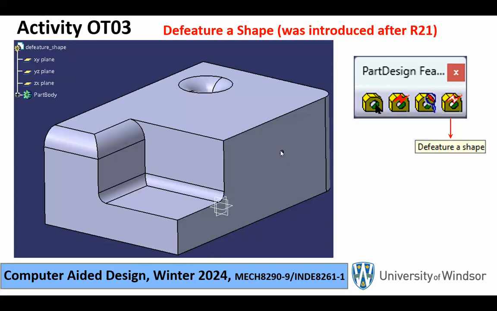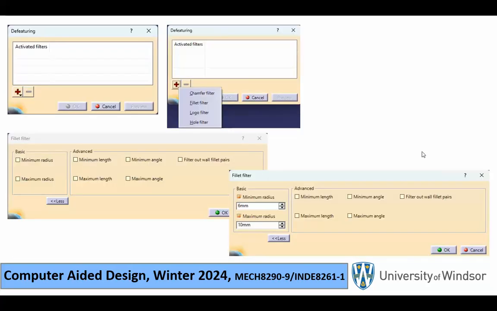Once you click on the feature shape icon, this pops up, and then you have to find out what it is that you want to do. You put the cursor on the plus, and you say which one of these you want to defeature. For example, in this case, I have decided that I want to defeature the fillets.